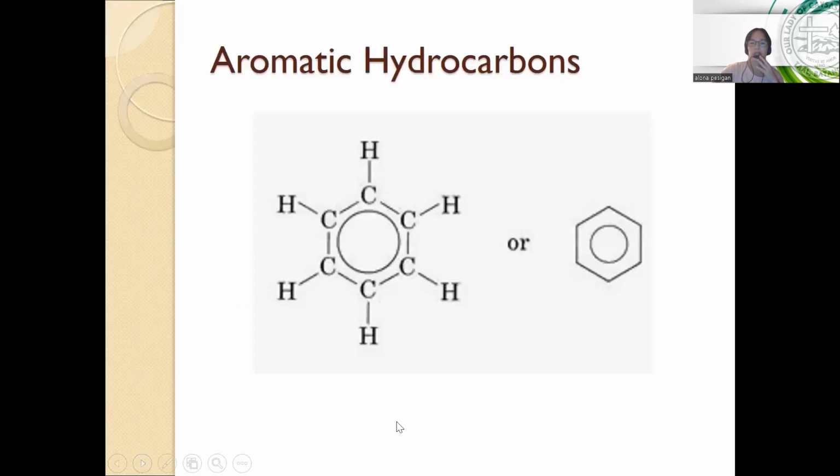Moving on, we also have to consider how to recognize and name aromatic hydrocarbons. Aromatic hydrocarbons again have carbon and hydrogen. But how is this different from alkenes and alkynes?